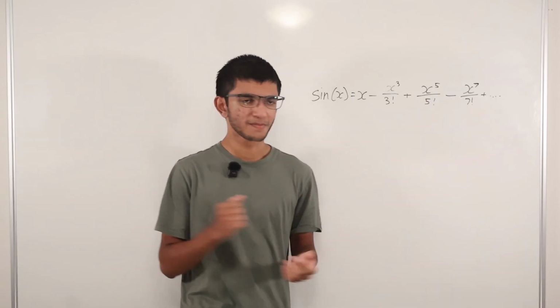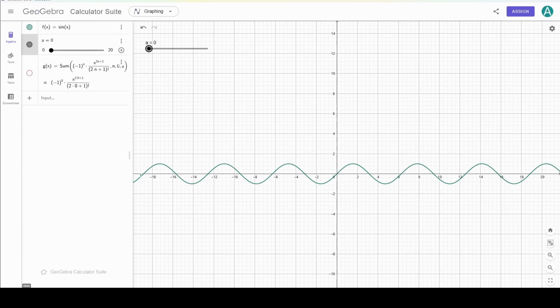Let me show you. Here we have the graph of sine x, labeled f of x here. And g of x, which I haven't enabled yet, is the infinite series that I showed on the board, but written as a sum. So we have the function y is equal to x when a is 0. And now if I increase a to 1, you can see it suddenly curves and flips.